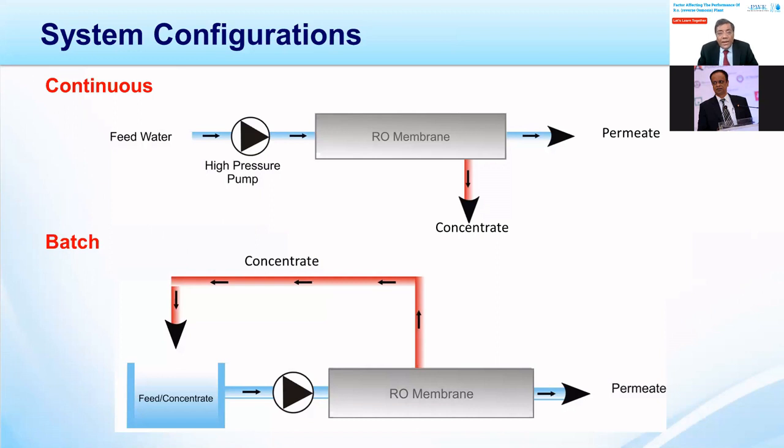In continuous and batch processes, sometimes to increase the recovery, the reject is fed into the stream again, especially when we go for a high recovery system. Recycling of reject sometimes becomes an essential requirement of the system.